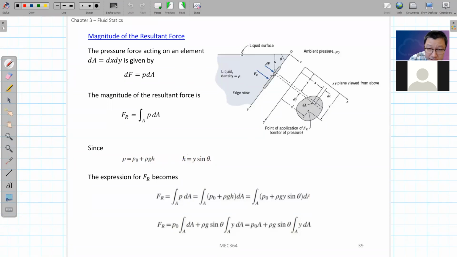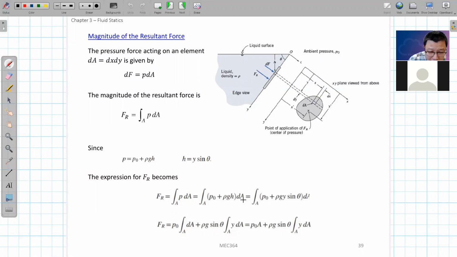Especially for this problem, the flat plate submerged inside this fluid is not straight. It's at an angle theta. So this depth is given by the relationship h = y sin theta, where the xy coordinate is defined in this picture, and y is along the plate direction. So simply substitute both this pressure and this depth expression into the integration of pressure over the area.